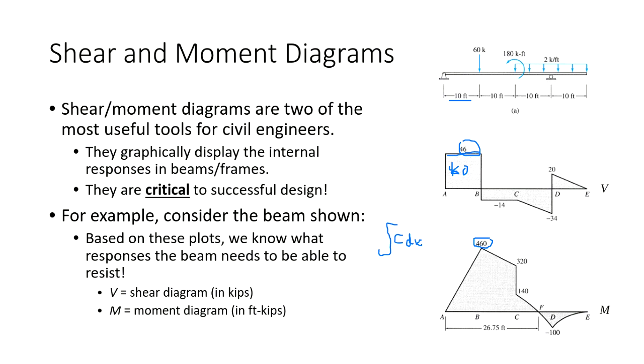The integral of a constant is cx. Well, what does the graph of cx look like? It's a line, right? So that's why this value is 460, and that's also why this is a line. And so we just use those rules to construct this moment diagram, and I promise you it's as simple as that. It's that simple, okay?